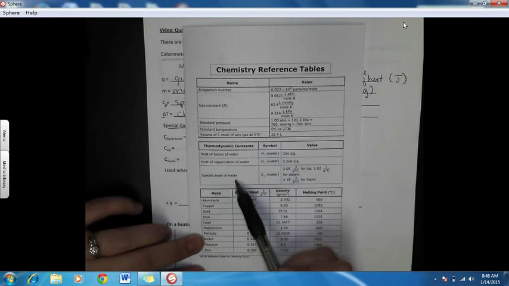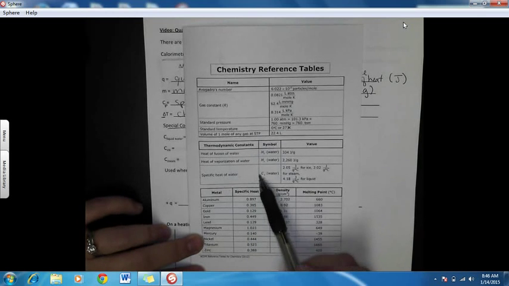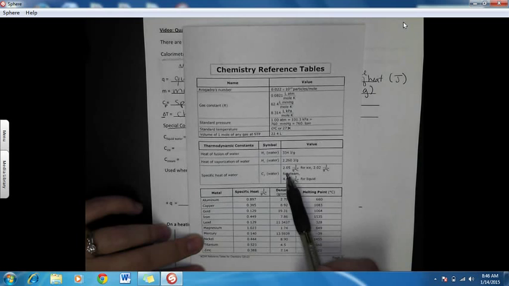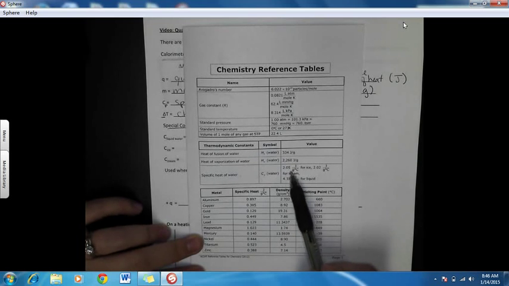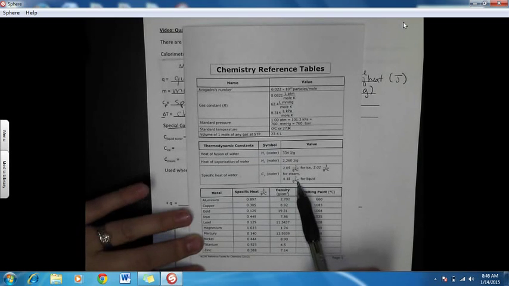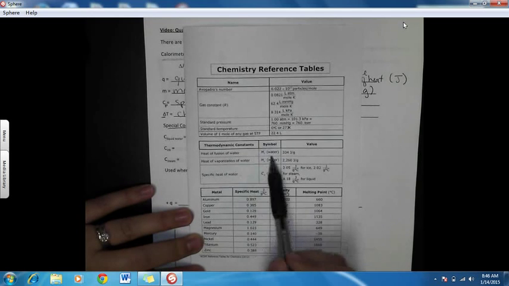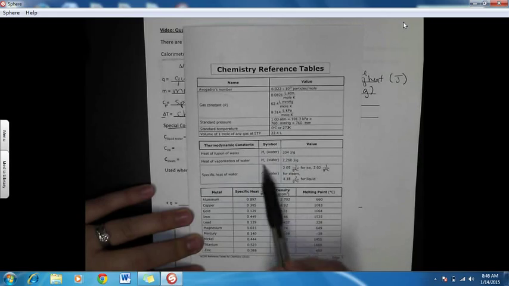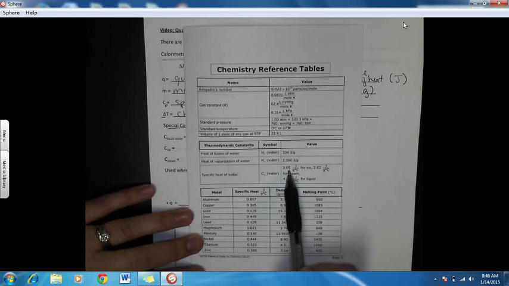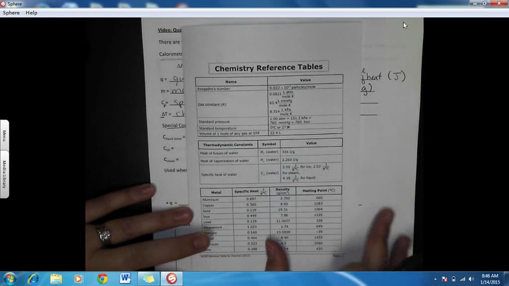And you can see here specific heat of water, CP, and it tells you for ice, steam, and liquid water. So you can write these down in your notes, but you also know that they are listed here, so you do not have to memorize them. Likewise, heat of fusion for water and heat of vaporization for water are also here in your reference tables. So you take a second and write those down in your notes.